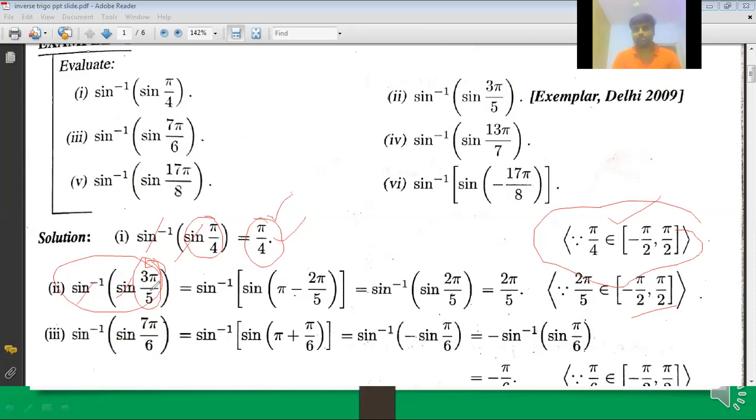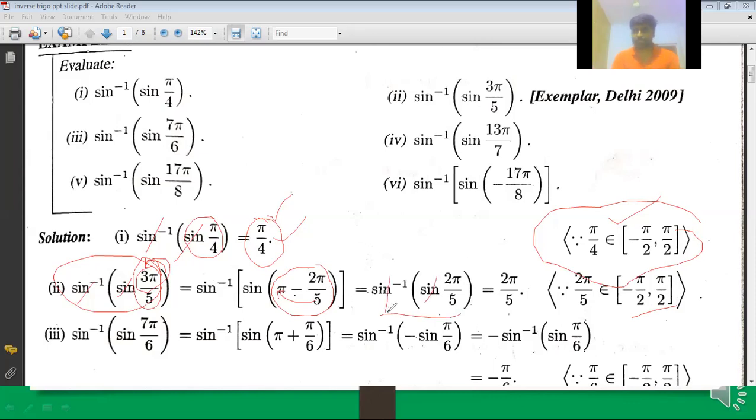How can you change it? Where is sine positive? Pi minus, the second quadrant. So can I write pi minus 2 pi by 5 there? Because 5 pi minus 2 pi gives 3 pi. Sine of 180 minus theta is sine theta. Now can I cancel sine inverse?